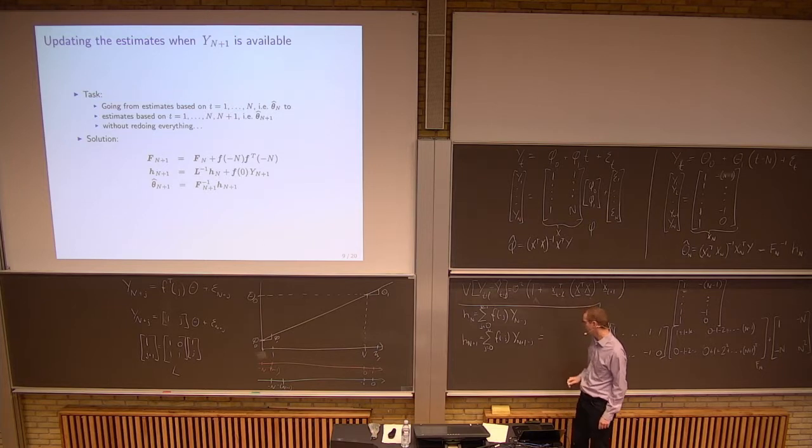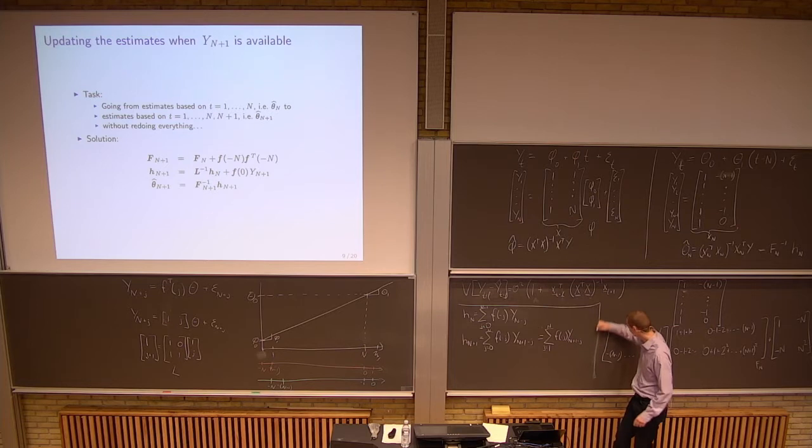So first of all, we know that everything here that is related to the time where j is 0, that's the new element we plug in, right? So I will start by saying we have a sum here, j equals 1 to n of f of minus j y n plus 1 minus j.